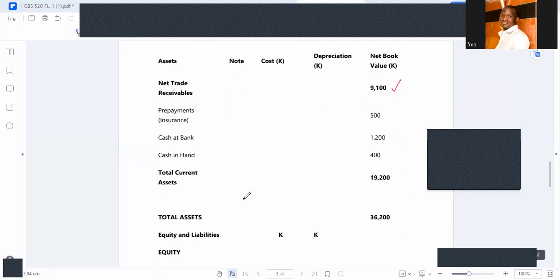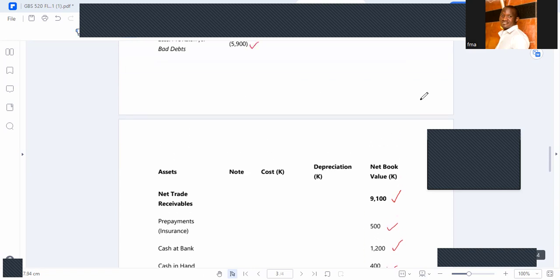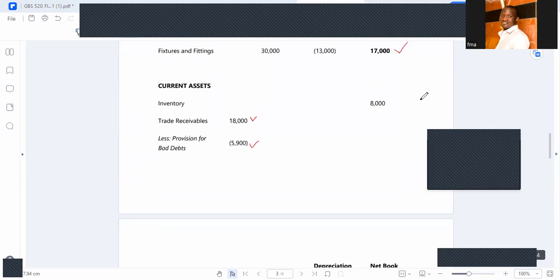Then we go to our prepayment of insurance was 500, cash at bank was 1,200, cash at hand 400. So our total current assets is 19,200. So we total up 19,200 plus the 17,000.